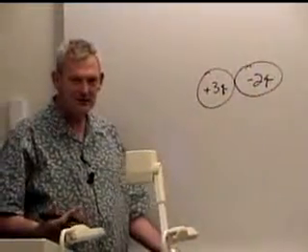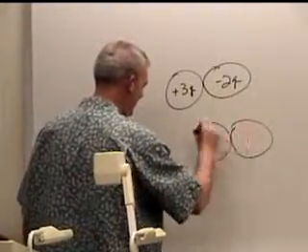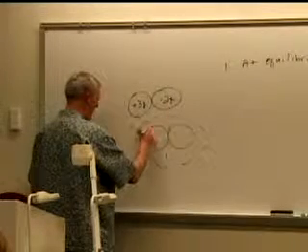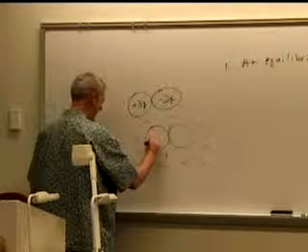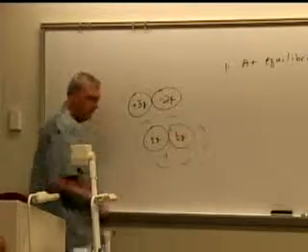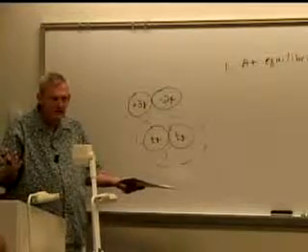What happens here? We wind up with a total charge of a half Q on both of them. Now they're in equilibrium. It's all good.